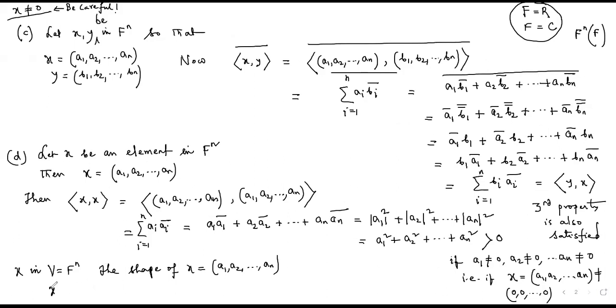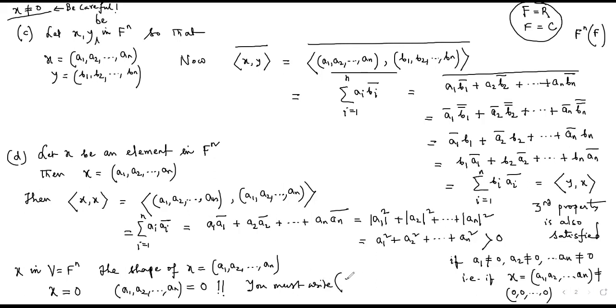Now, if you write x equal to 0, or x not equal to 0, it means you are writing a1, a2, ..., an is equal to 0. What is 0? 0 is a number. This 0 is the notation for a number. But if you write that this is equal to 0, it doesn't have any meaning. It bears nothing.